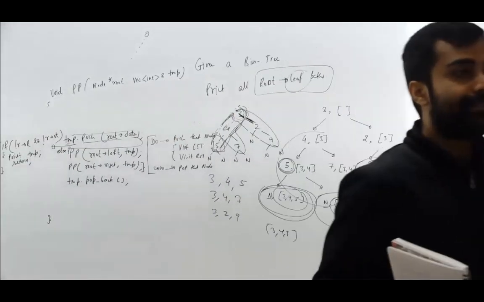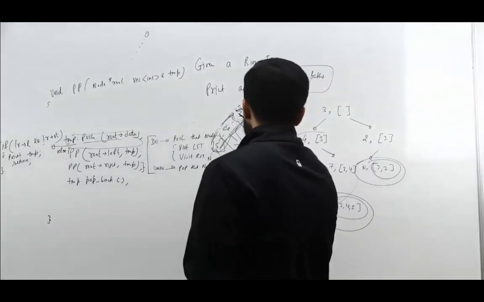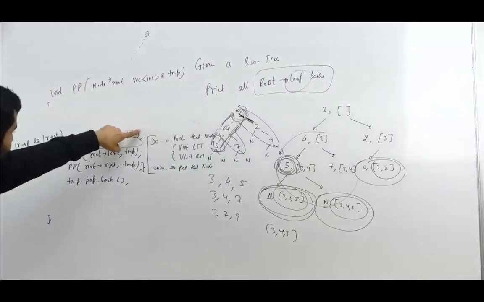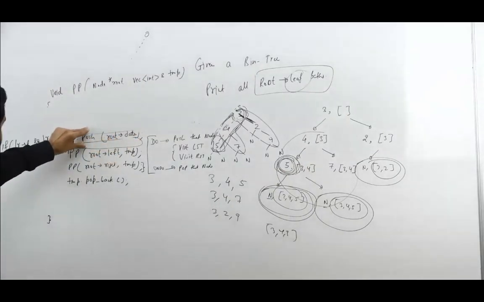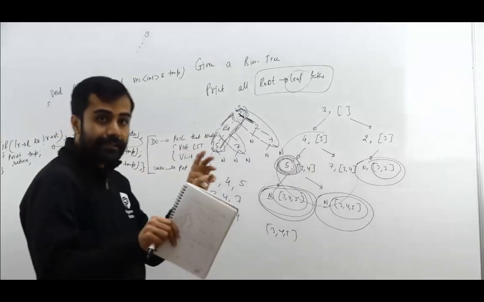Does it make sense? Yes or no? Yeah. So this thing will make sure that when you are at a leaf node, you are pushing that leaf node, but after making that push, you are checking whether your root is a leaf or not.